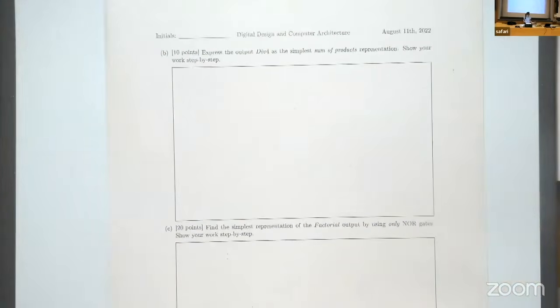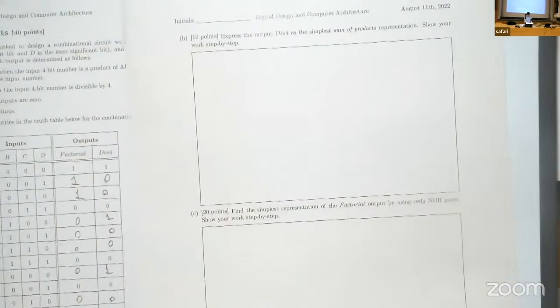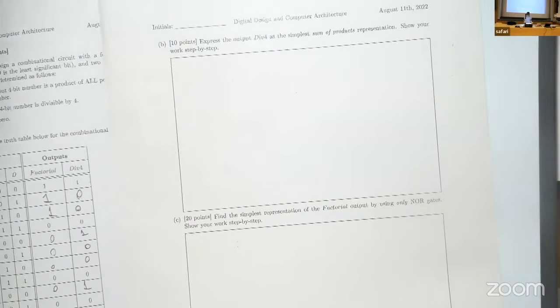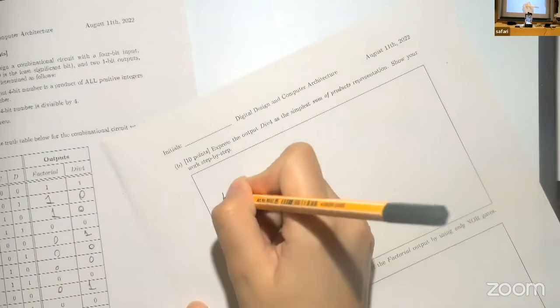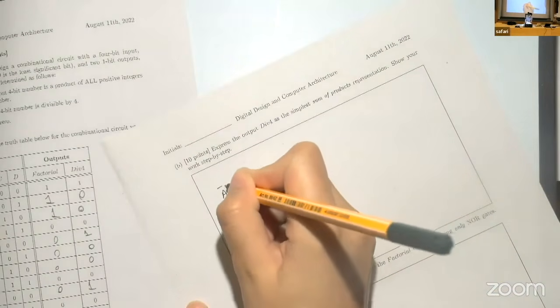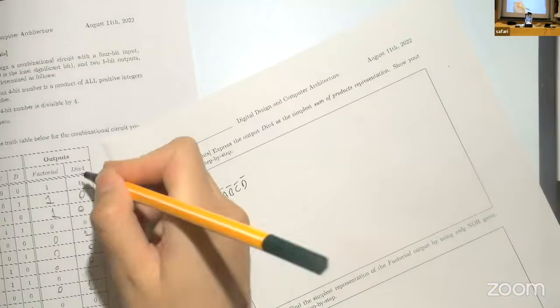Okay. So now, based on this truth table that we prepared, the question asks you to simplify 2 things. The first one is the D4. First, we should write it in the sum of products representation, which is A naught, B naught, C naught, and D naught, which is the first one from here.